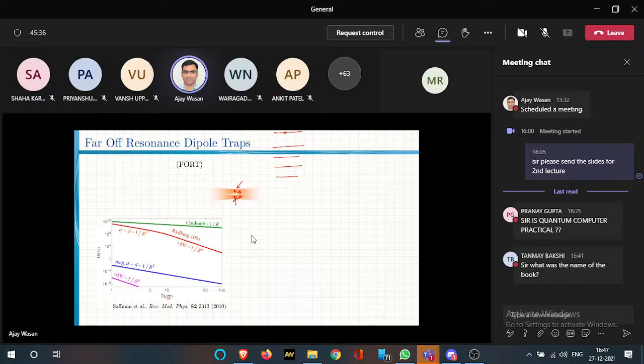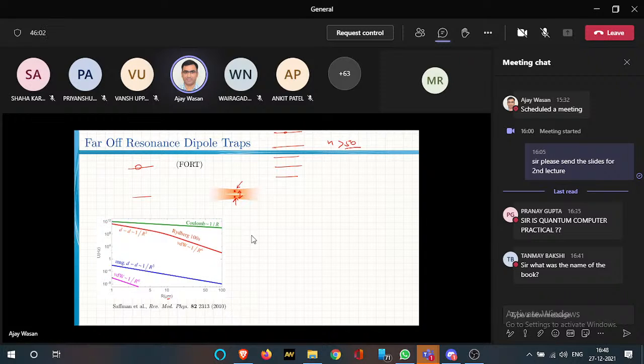You must have heard the name Rydberg: when you study the hydrogen atom, the Rydberg coefficient comes up. So let us put the atom in a very high number, say n more than 50. When n is more than 50, the atom is in a very high state and it acts as a dipole.